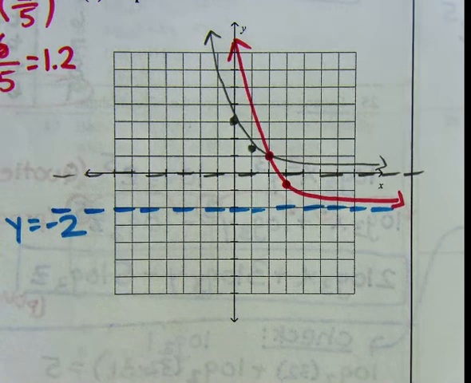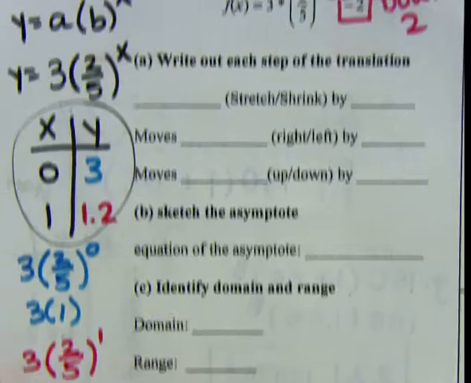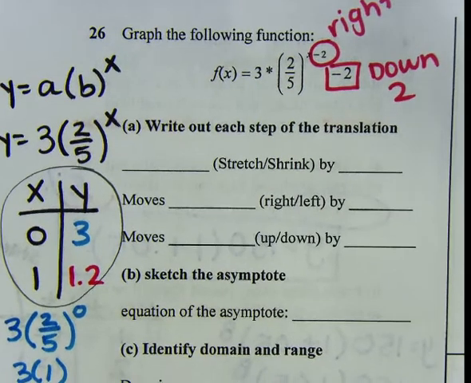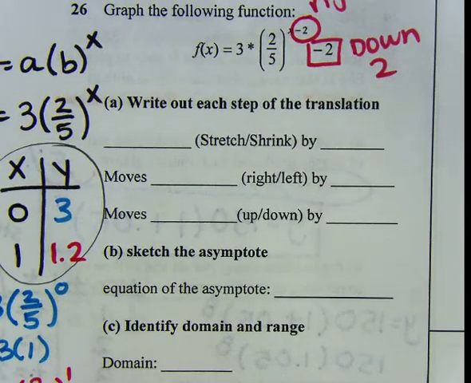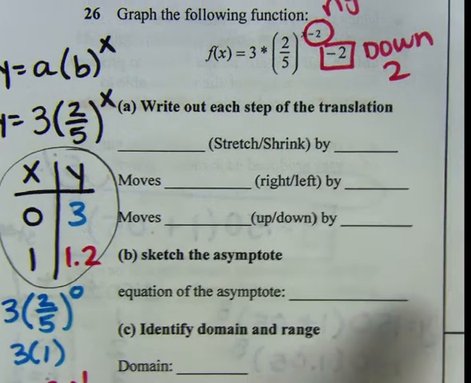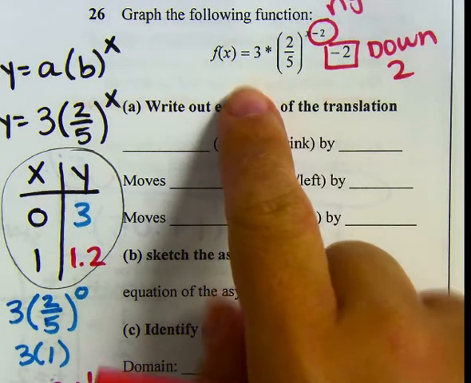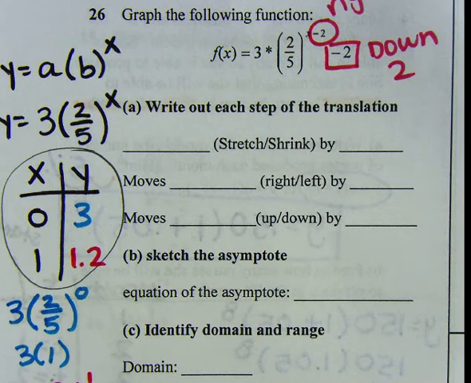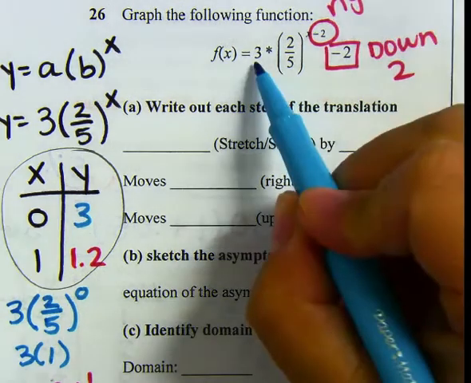Okay, now that we graphed it, let's go back and answer those questions. Write out each step of the translation. There was a stretch or a shrink by, well, the A value tells me if this is a stretch or a shrink. So right now, this A value is a 3.